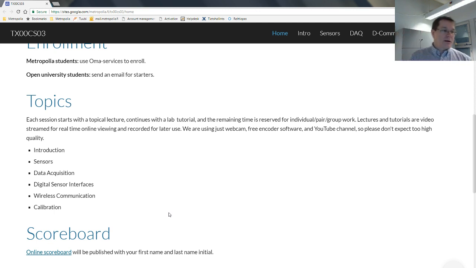But now we actually have some freedom of choice here, as long as I can find the material that I already have. And then the last but not the least, calibration. What calibration actually means.